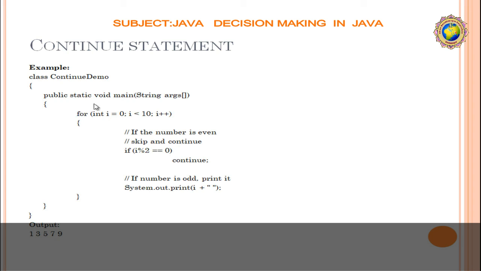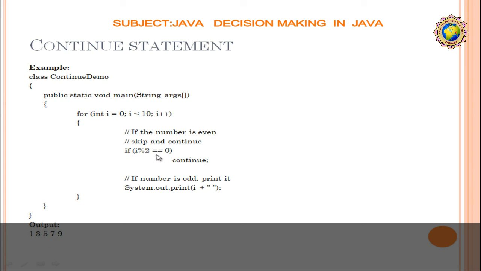Next 3 modulo 2 is not equal to 0, then 3 will be printed. 4 modulo 2 equal to 0, so it will be skipped. Then 5 modulo 2 is not equal to 0, so it will print the value 5.